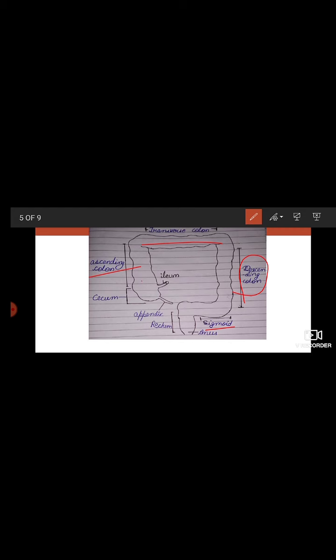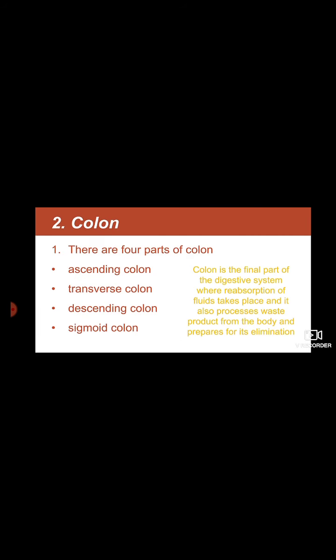The ascending colon is this part, and the transverse colon is this transverse section, this area, and the descending colon is this part, and the sigmoid is this S-shaped structure. Now, the colon is the final part of the digestive system where reabsorption of fluids takes place, and it also processes waste product from the body and prepares it for elimination.